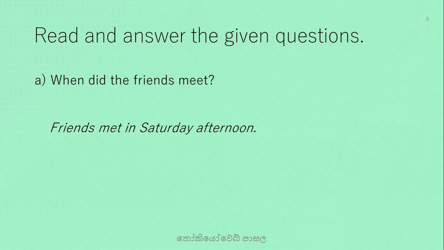So I have given here the full answer: Friends met in Saturday afternoon. Whenever someone is asking a question, it is always good for us to give the answer in a full sentence. So yes, Vitulya, your answer is correct.